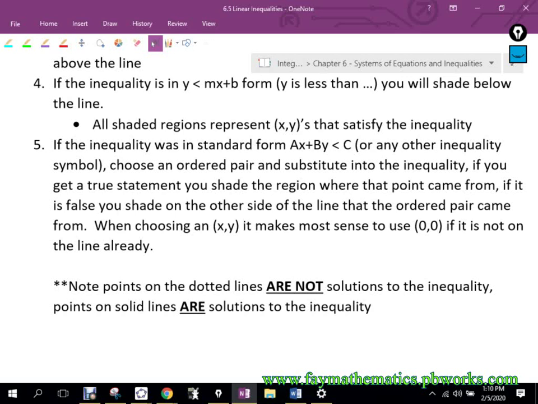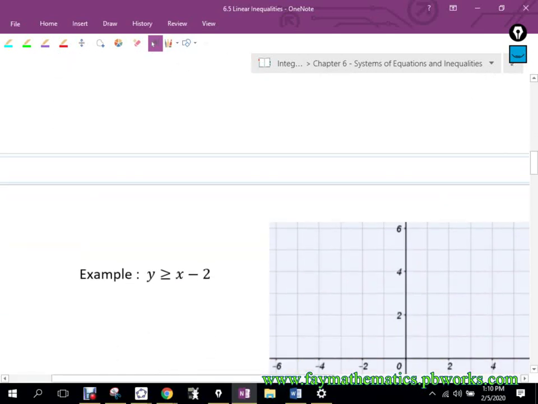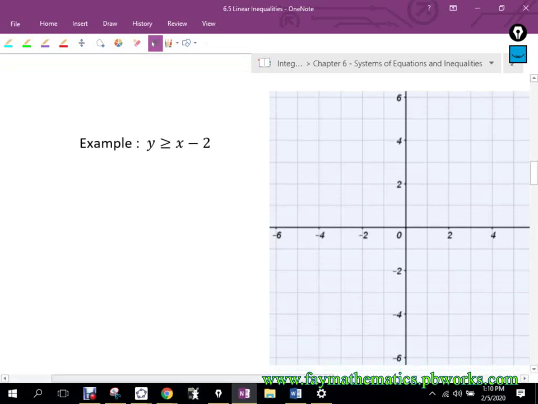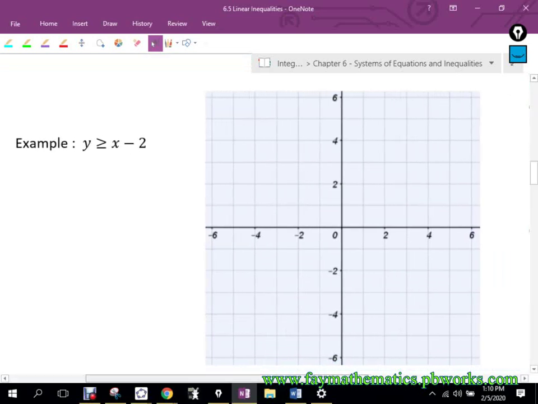So we'll come back to this when we see an example of that. I want to skip down to the bottom. It says note, points that are on dotted lines are not solutions, and points that are on solid lines are solutions. So that's something to keep in mind as we progress through this. When we see an example, that's what they're going to ask you.